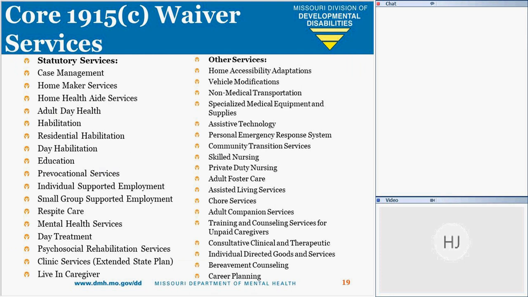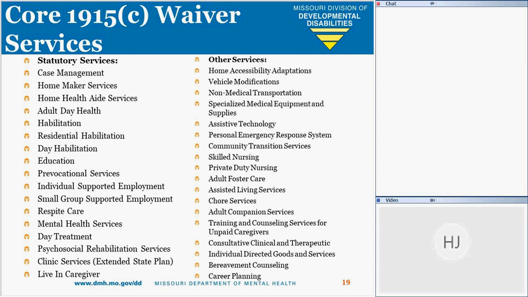So here's a little chart, and you're able to download the presentation. You can have this at your fingertips. These are the core 1915(c) waiver services that are available on CMS. These are not necessarily the services that we have in our waivers, but statutory services can have things like case management, home care services, adult day health, residential rehabilitation, employment services, respite.